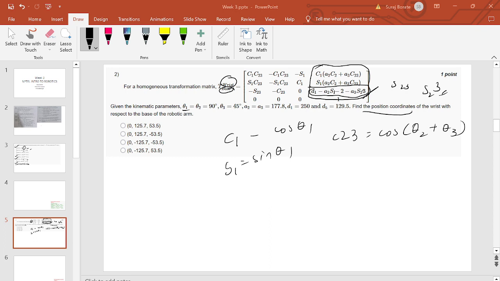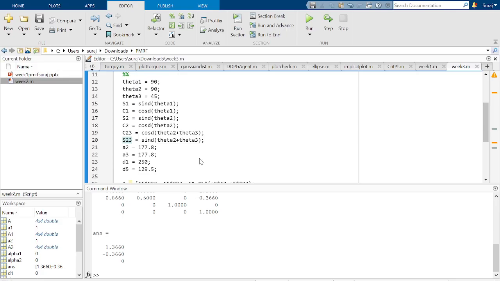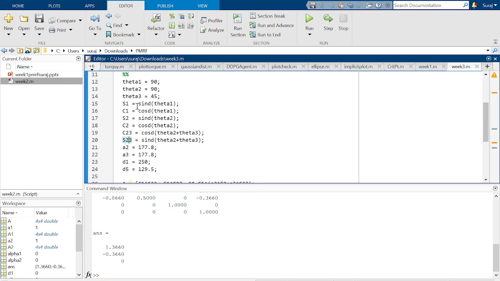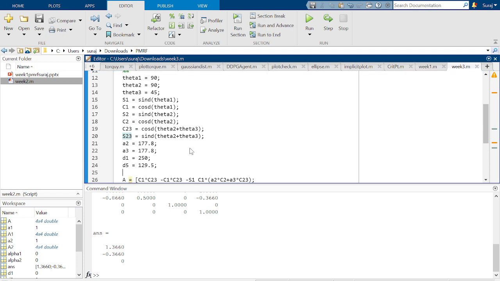My MATLAB screen is not recording, so I will have to change that. As you can see, I made the shortcuts for S1, C1, S2, C2, S23, C23 and gave all the values I could.